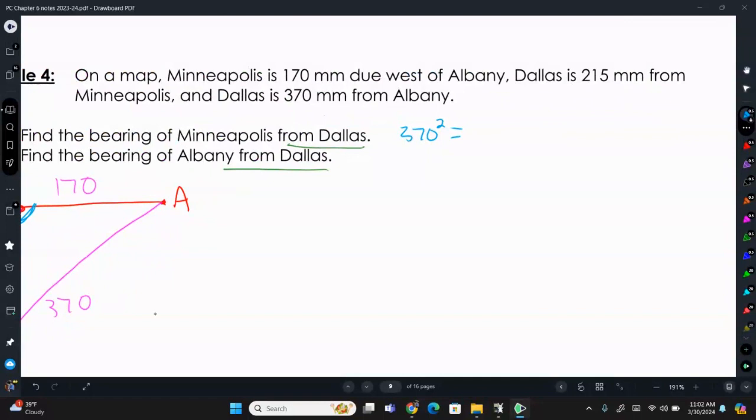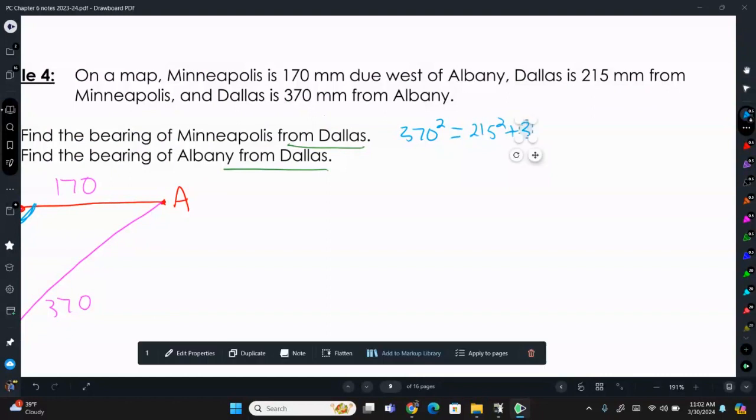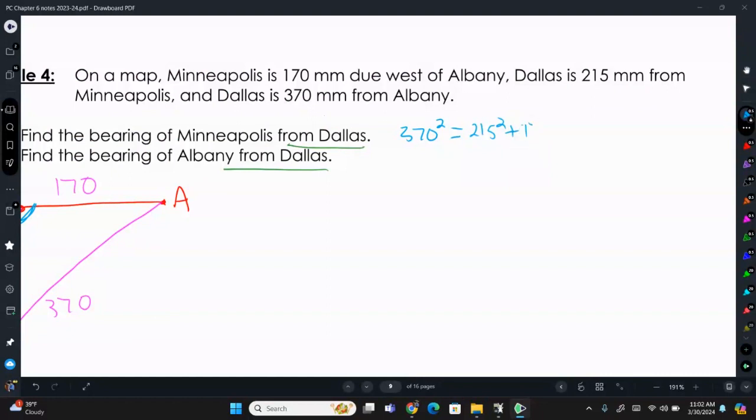So 370 squared equals 215 squared plus 170 squared minus 2 times 215 times 170 times the cosine of M.